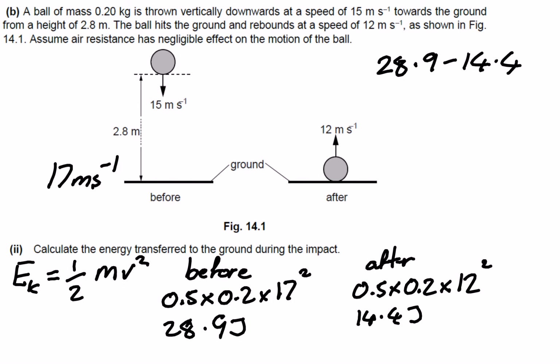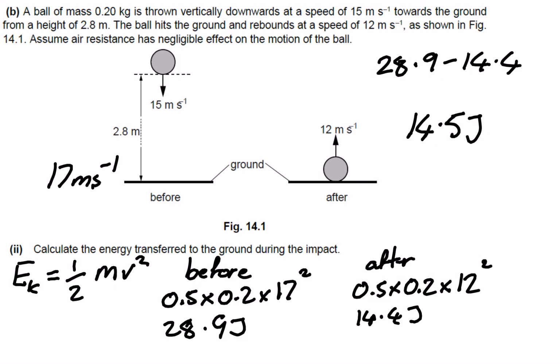Now the mark scheme gives it as 14, but I think the reason I've got the 0.5, which would still get you the mark, is because I'm using the 17 meters per second, which is a rounded number. If you were to use the unrounded version, it would come out as 14.